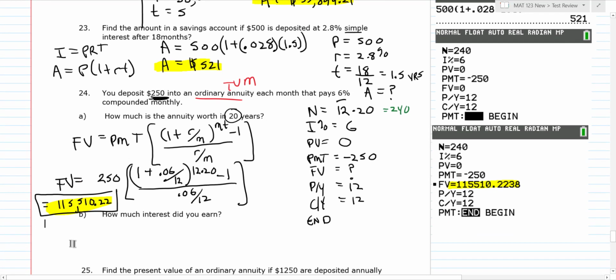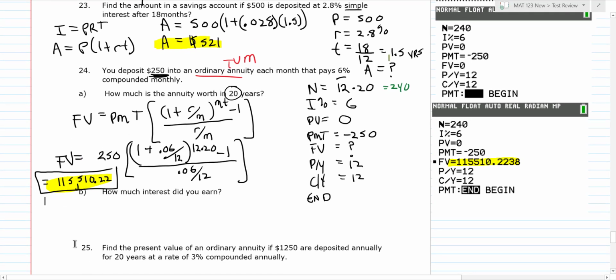Okay, now the question is how much interest got earned on this? So what you want to do is these two things. The first thing you want to do is your payments. We're going to figure out the amount of money in your payments. So what we're doing is we're doing 240 payments times $250.